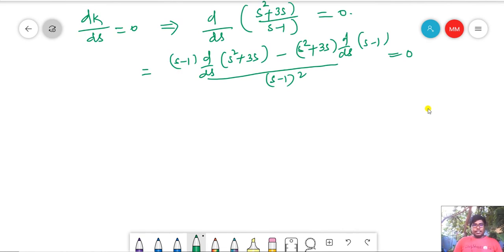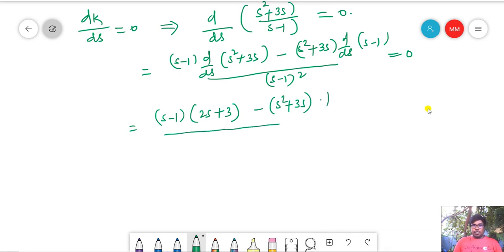Now let us see this one. s minus 1 into the derivative, 2s plus 3, minus s square plus 3s into 1, divided by s minus 1 whole square, equal to 0.